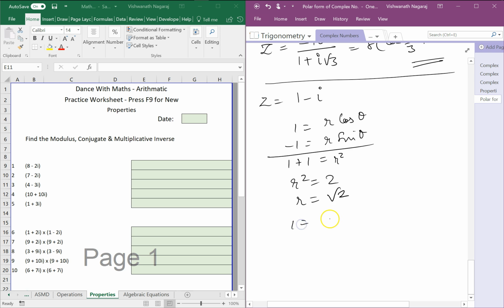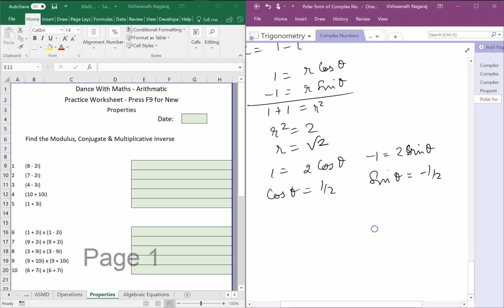Now 1 is equal to √2 cos θ, and -1 is equal to √2 sin θ. So cos θ is equal to 1 by √2 and sin θ is equal to -1 by √2.